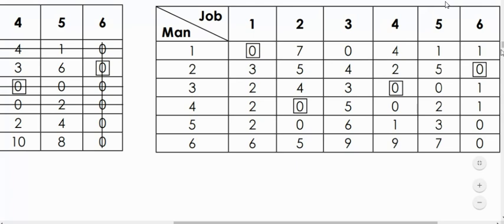So this comes again same. In the second row there is a 0, in the third row there is a 0, in the fourth row also there is a 0, fifth row also there is a 0, and sixth row also there is a 0. So when you do the row minimum, in each of the rows the minimum number is 0. So when you subtract 0 from all the numbers, you'll again get the same.